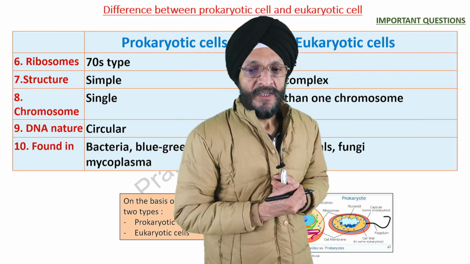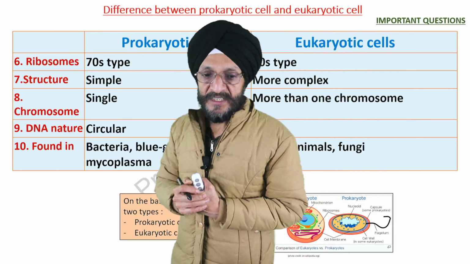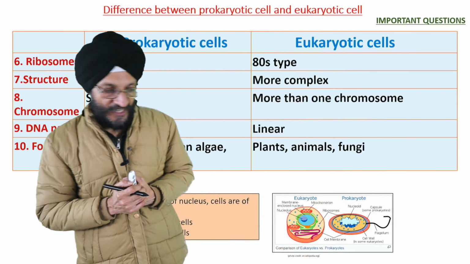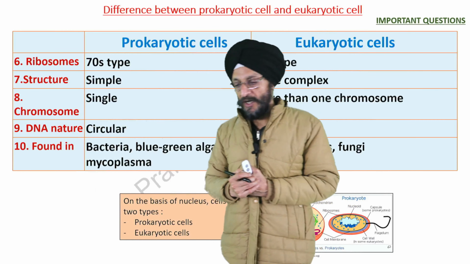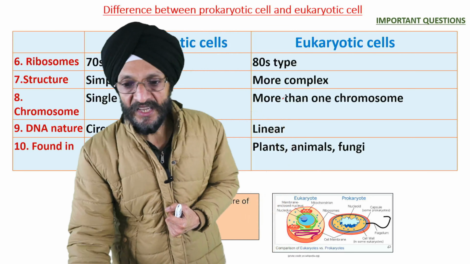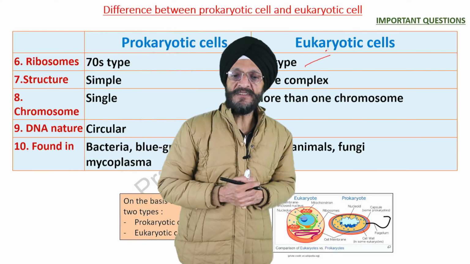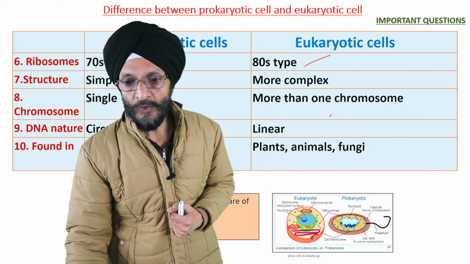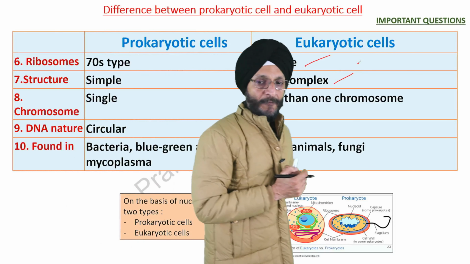Next, in the case of prokaryotic cells, ribosomes are of 70S type, whereas in the case of eukaryotic cells, ribosomes are of 80S type. Prokaryotic cells are simple in structure, whereas eukaryotic cells are more complex in structure.